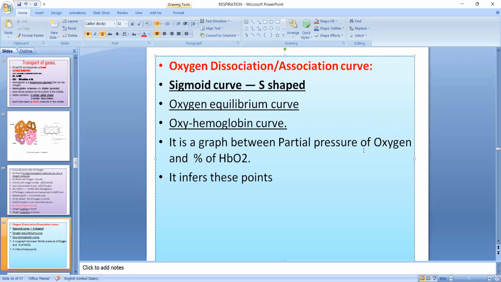It can also be seen in ecology, in growth curves. It is also known as the oxygen equilibrium curve, or oxyhemoglobin curve.